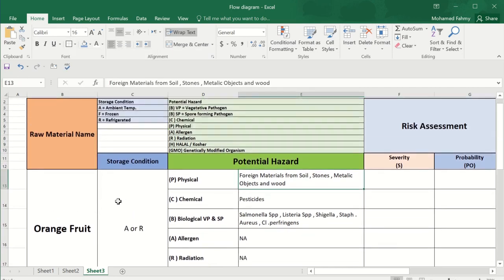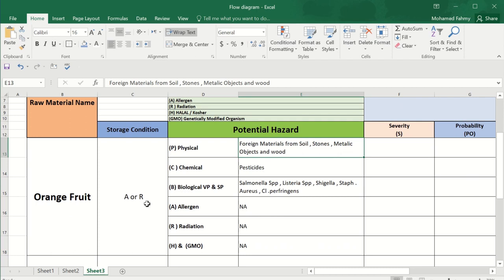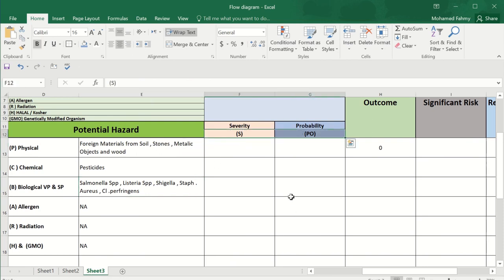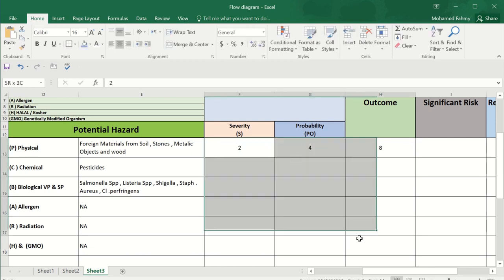The raw material: orange, storage condition according to the certificate of analysis from the supplier. The potential hazard comes from the experience of the people and the type of industry, scientific basis and experience. Then the severity and the probability. In our example, our HACCP team members mentioned that the physical hazard severity multiplied by 4 gives 8.